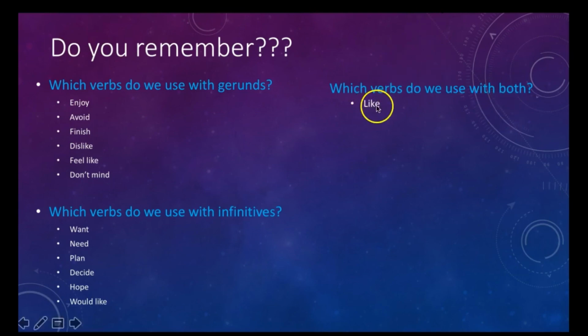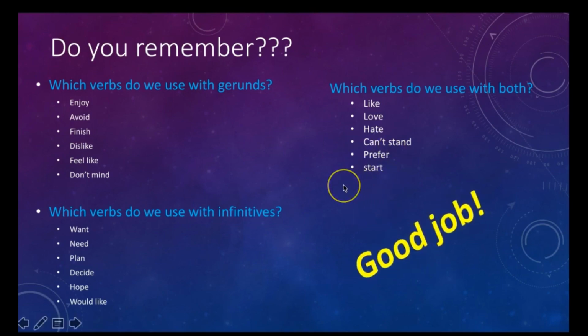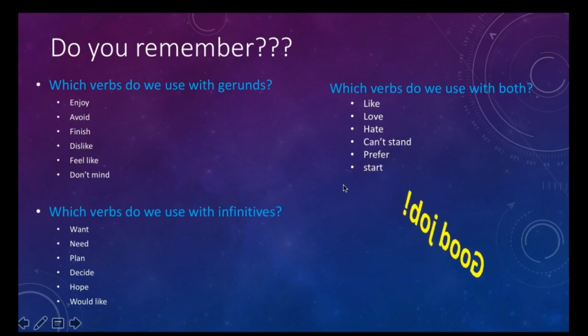Be careful because like is different from feel like, and it's also different from would like. Okay, we can use love, hate, can't stand, prefer, and start. Okay, good job. You finished and you got them all.